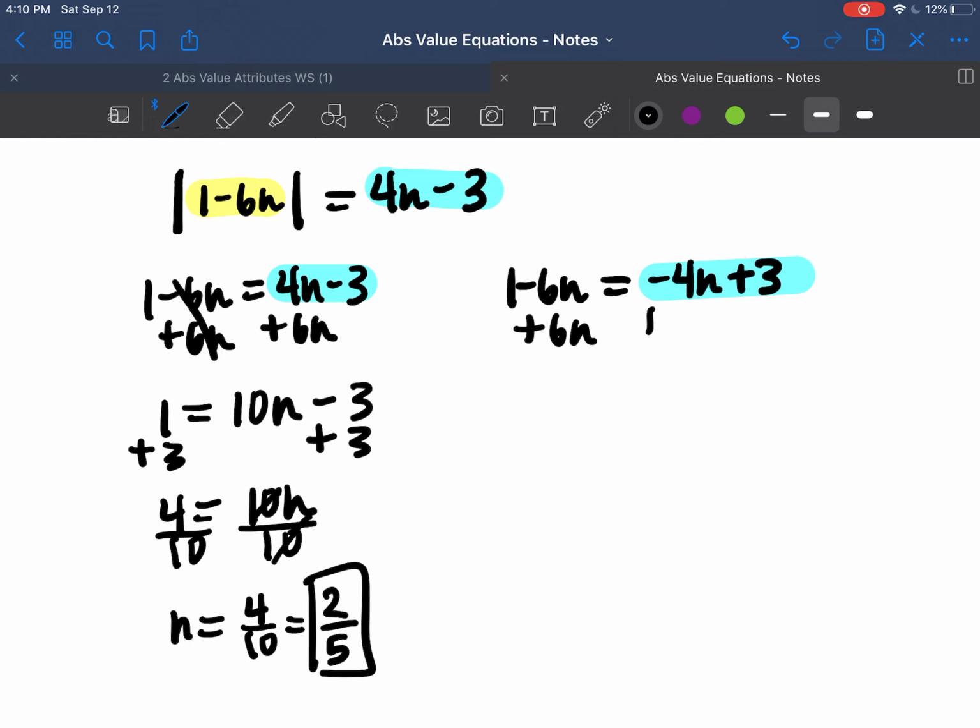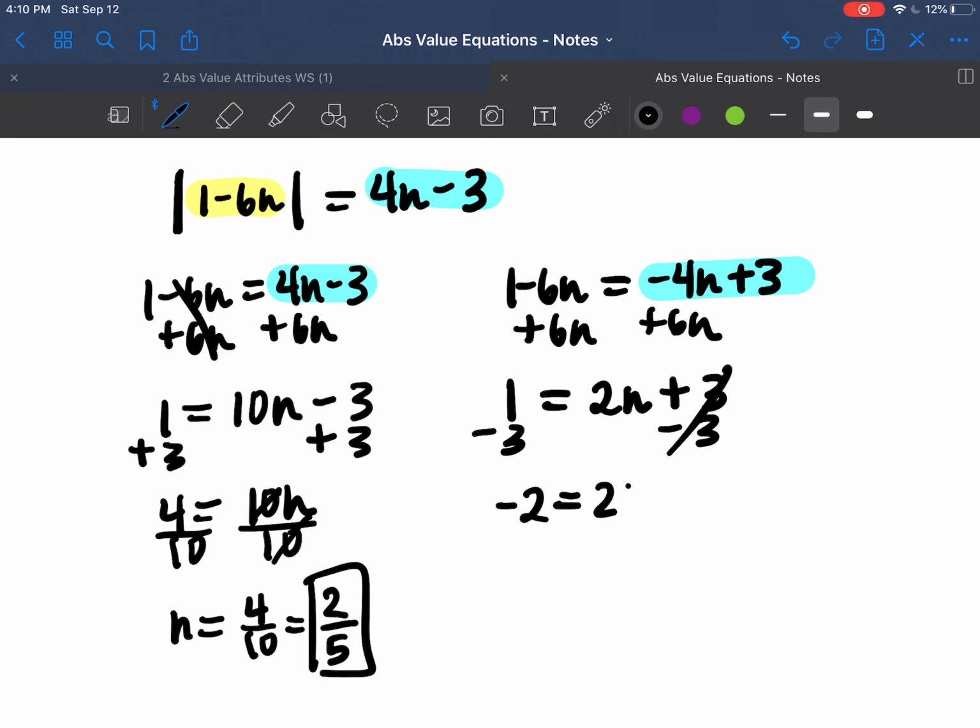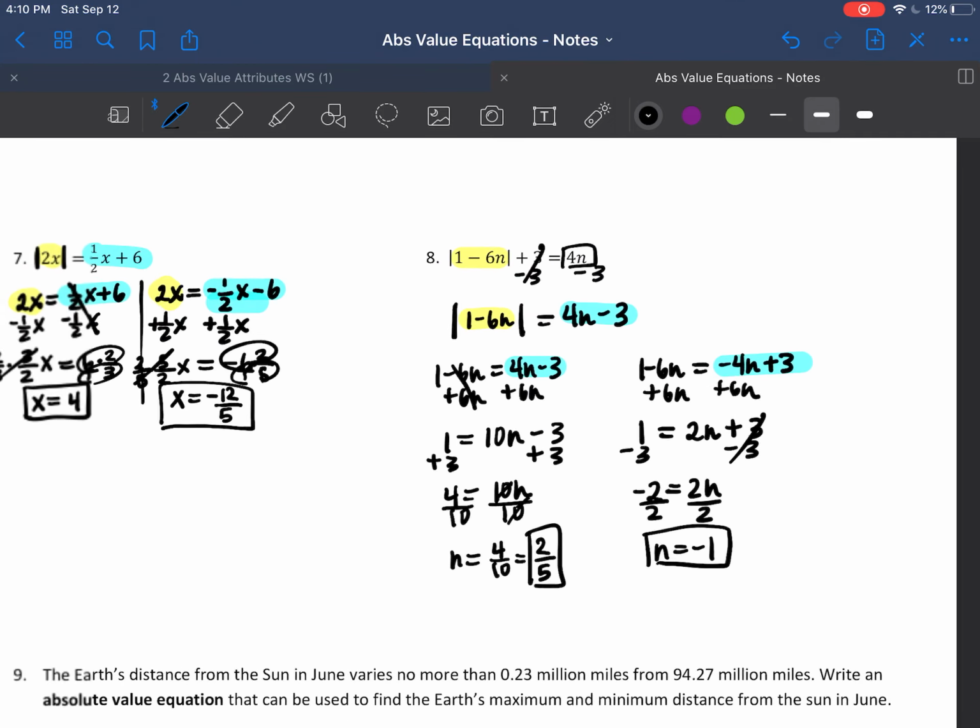Okay, over here, I'm going to add 6n again, giving me 2n plus 3 on the right. Subtract your 3. And so n equals negative 1.